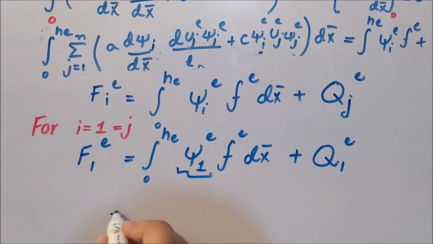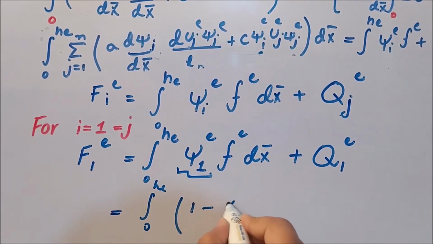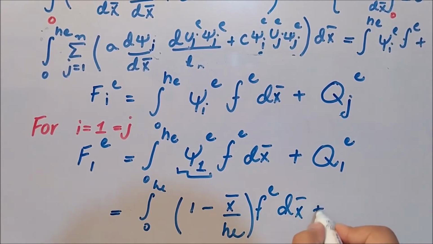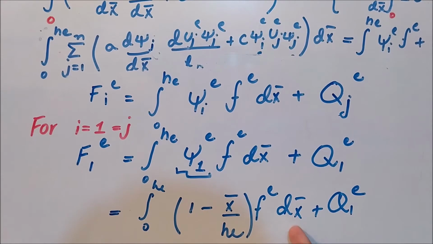The value is equal to 1 minus x bar by the length of an element. The force itself and all other things remain the same. Now we have to take the integral. Here f is constant, and we take the integral with respect to x. This is very straightforward.